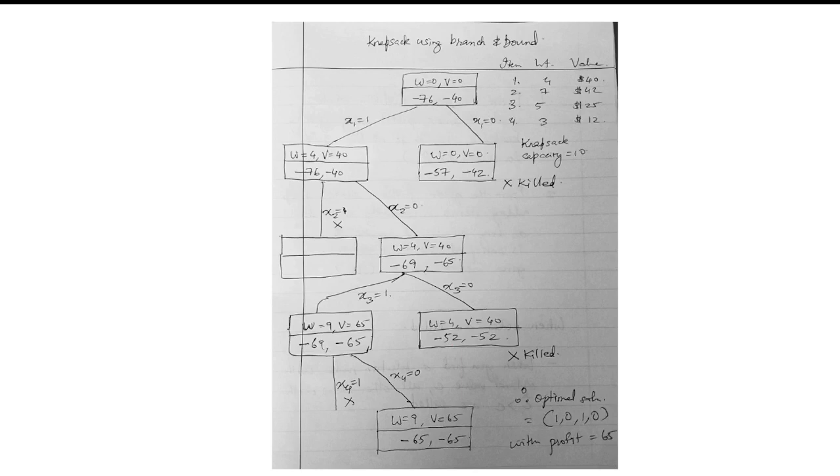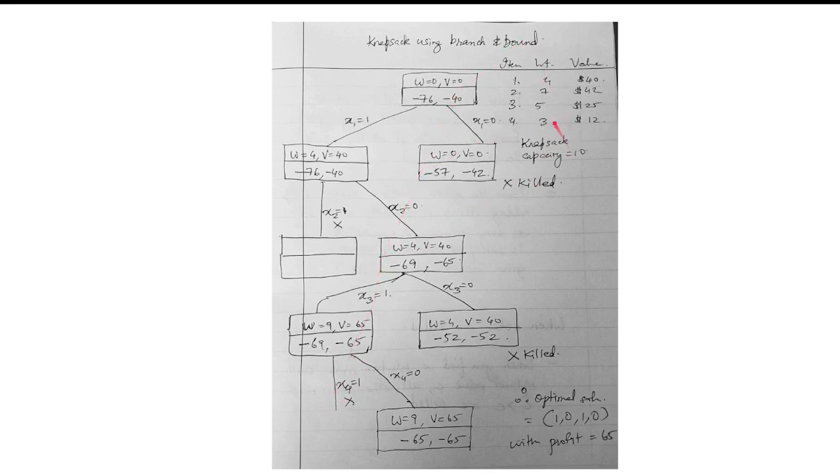Okay, and now you can explore this one because it has the lowest cost, right? Minus 69, and that one is minus 57. So this one is lower, so you can explore it. So when you explore it, you can check out x4 equals to 1, and when you do x4 equals to 1, automatically the weight is exceeded, so you cannot explore it further.